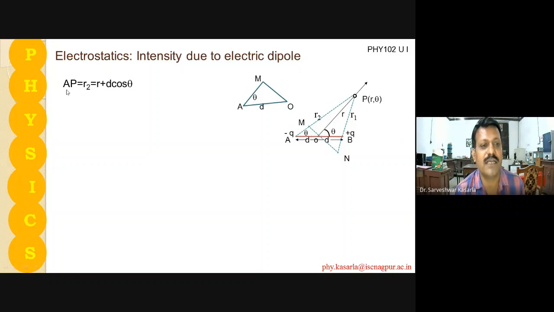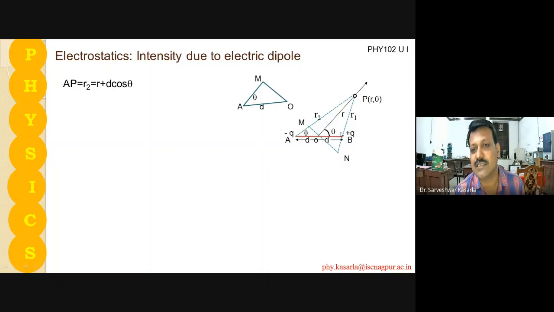As I said, AP is equal to R2, which is equal to R1 plus d cos theta. If you draw the perpendicular line here, as these are perpendicular lines, PO is the distance R, and PM and PN are equal.